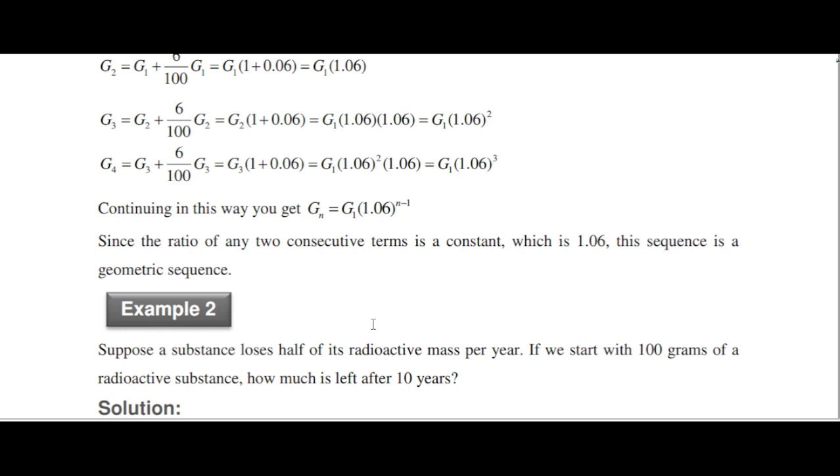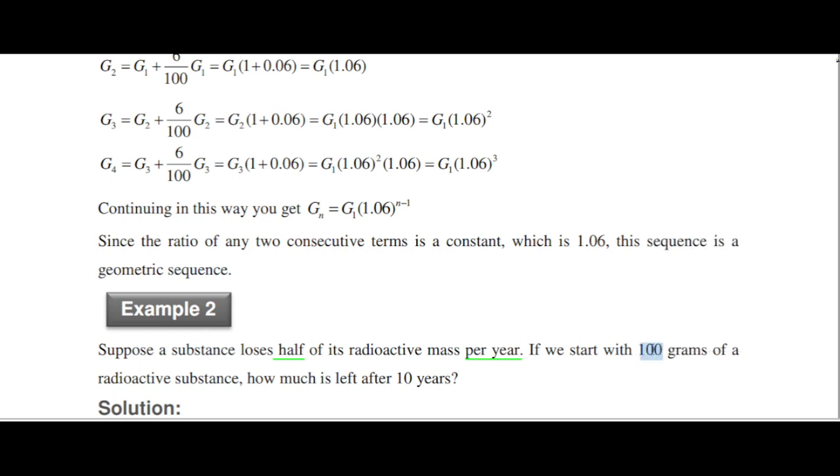Okay, let's list out the given things here. Suppose a substance loses half of its radioactive mass per year. If we start with an initial condition of 100 grams, this is the initial condition.